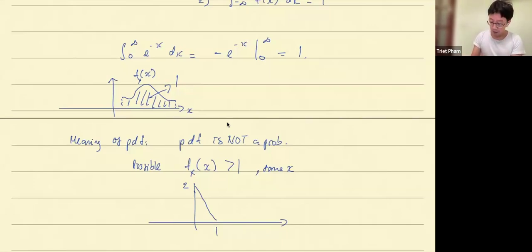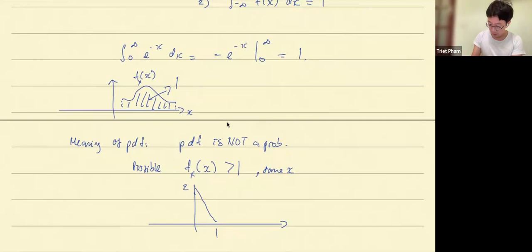So this, and 0 everywhere else. This graph right here can represent the density of a random variable, because, right, it's not negative and the total area under the curve is 1. That's all there is. But there are some parts where the density is bigger than 1.